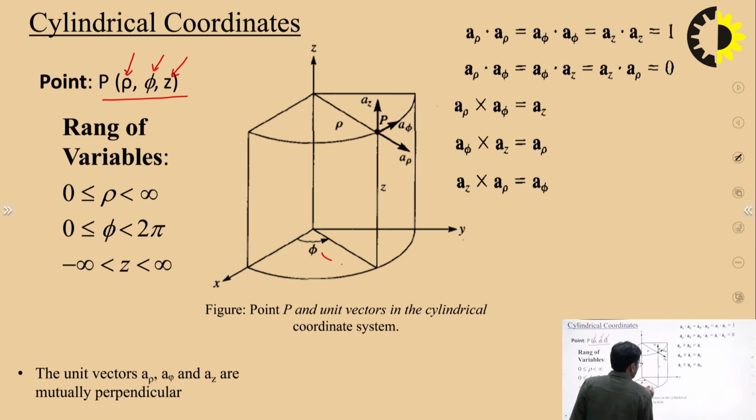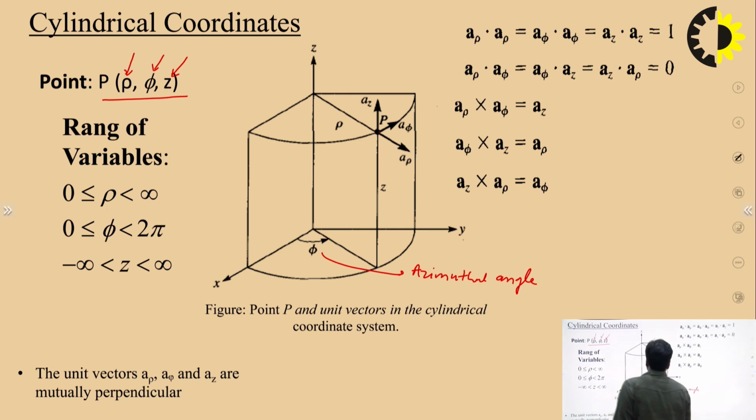This is the azimuthal angle, and it starts from the x-axis, right? That's why this point P is represented by rho, phi and z.